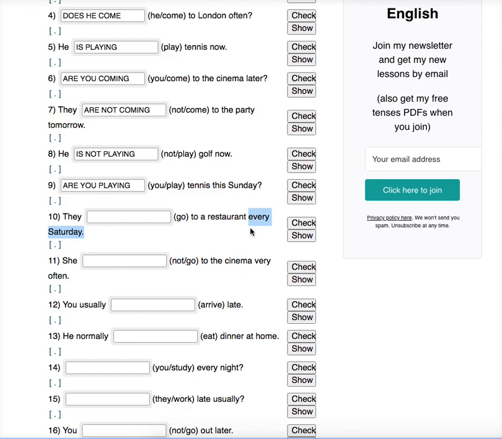Is continuous? Are you sure? If I have every Saturday, a routine, something usual. Oh, is present simple. Is present simple because you have every Saturday. Como tienes una rutina, algo usual en tu vida, every Saturday, simple. So how can you do it, baby?